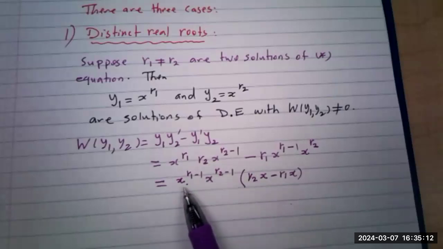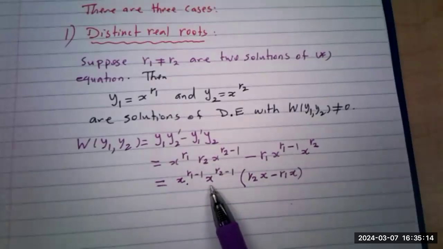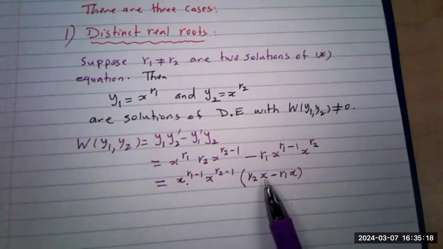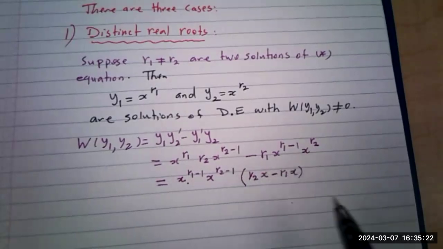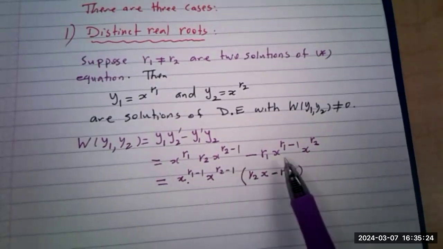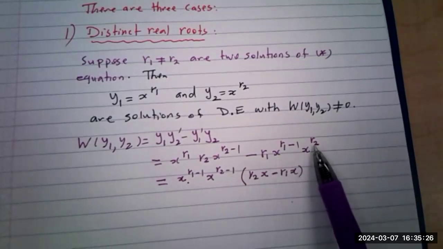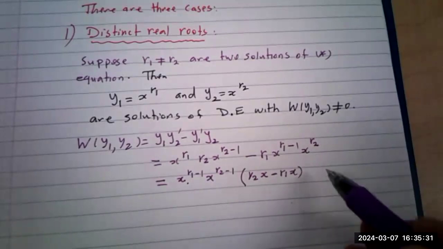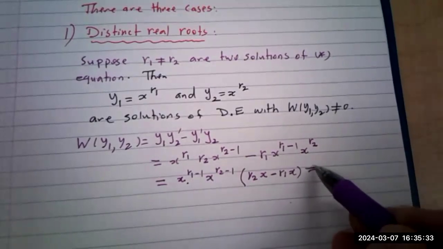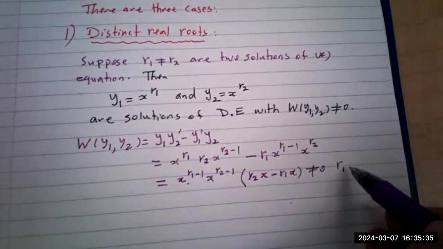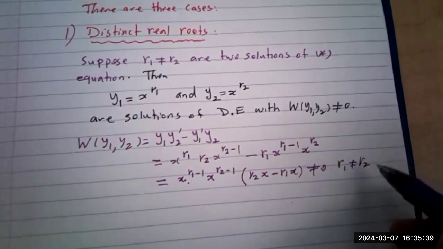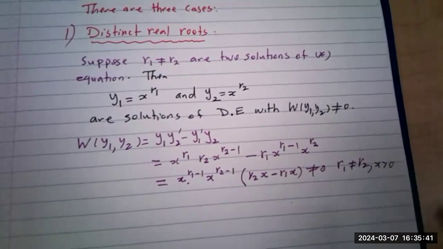I just factor out x to the r minus 1, so the leftover is x over here, and the other part is the same thing because this is x to the r2. So eventually this is a non-zero number because r1 is not equal to r2 and x is a positive number.